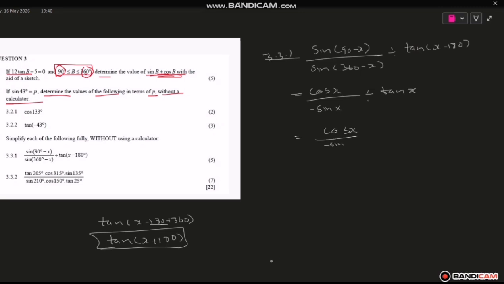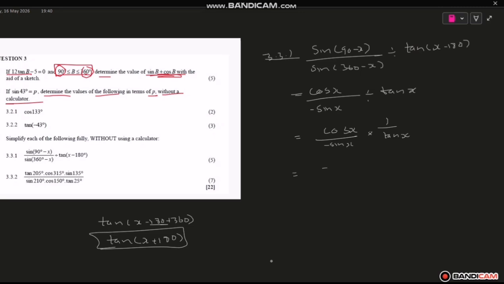So this is going to be negative sine x times, you reciprocate. It's going to be 1 over tan x.